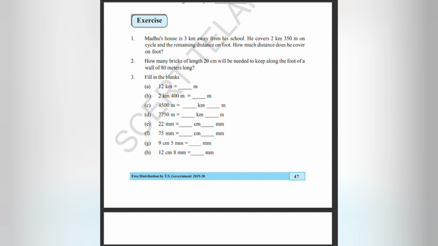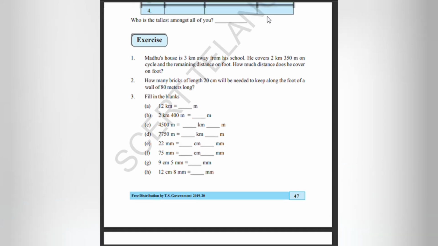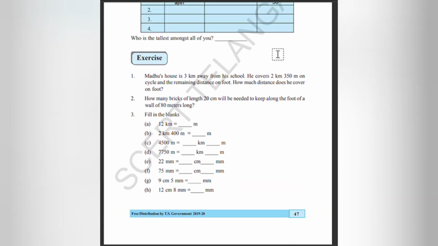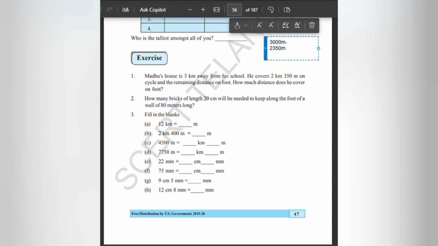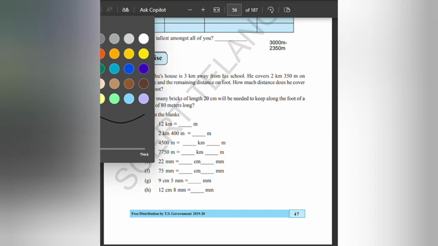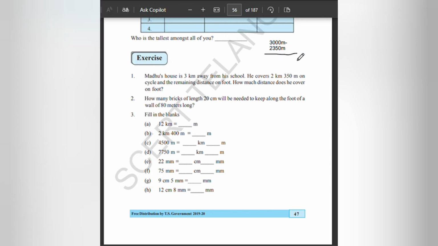So what we have to write here? 3 kilometer we know is equal to 3000 meter, minus how much he covered? He covered 2 kilometer 350 meter, that is equal to 2350 meter. And if we subtract, how much will we get?